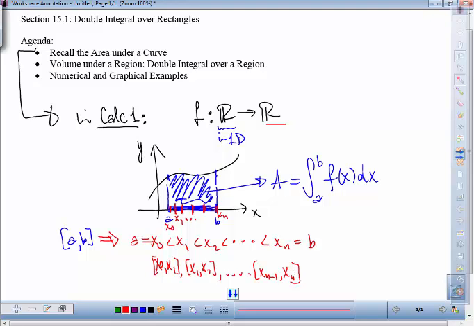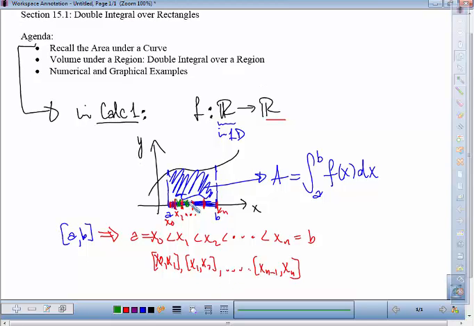And then we pick a point. Now, generally it's some random point, but then we got used to picking the left endpoint or the right endpoint or the midpoint. Those are the popular choices.